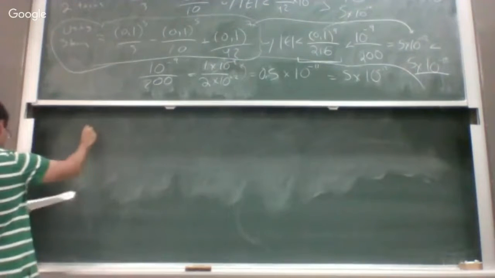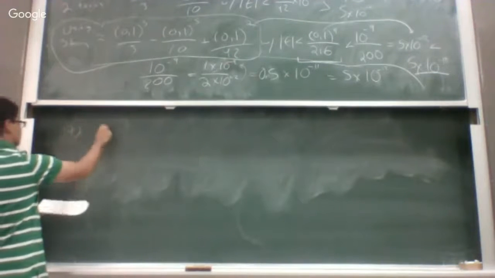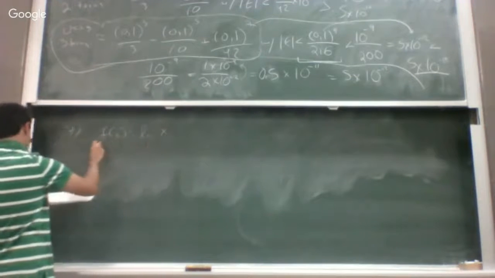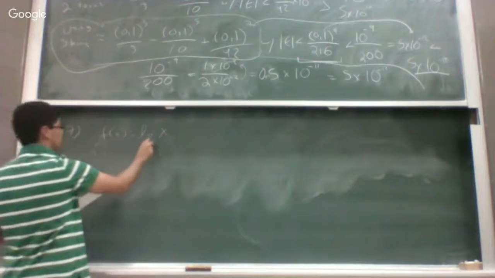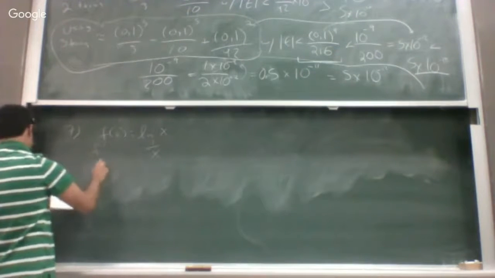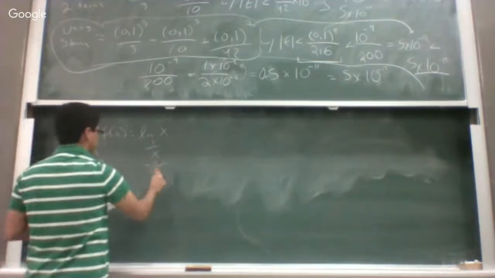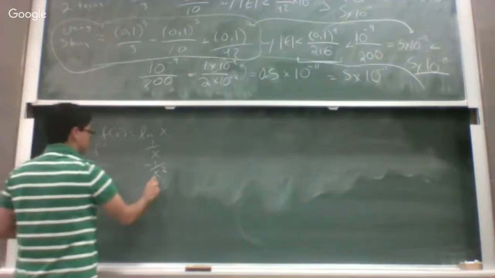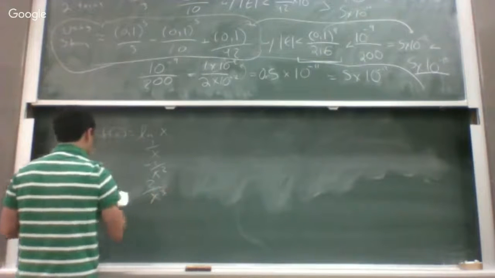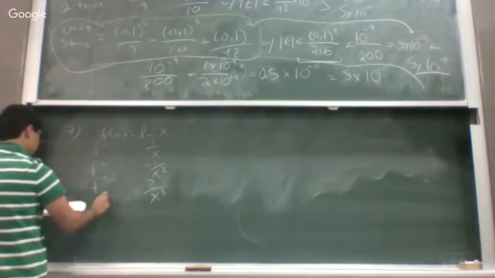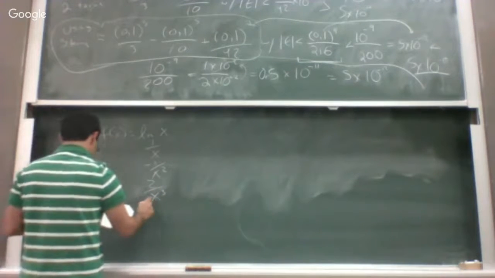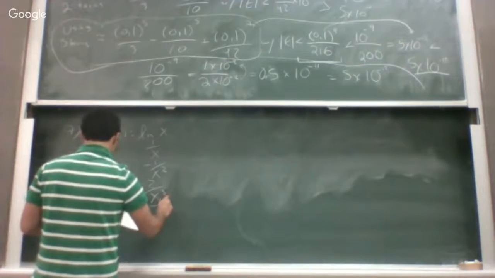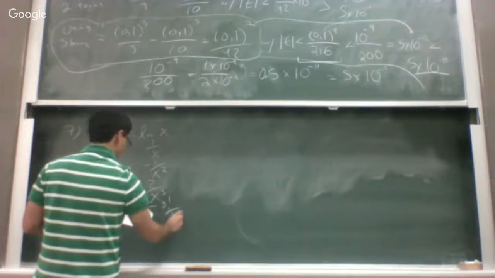So our f of x for number 7 was natural log of x. So our f prime is 1 over x. F double prime, negative 1 over x squared. F triple prime, 2 over x cubed. F to the 4th, they stated as negative 3 factorial over x to the 4th.